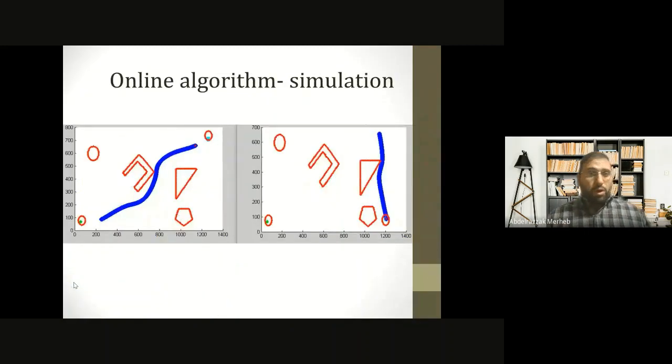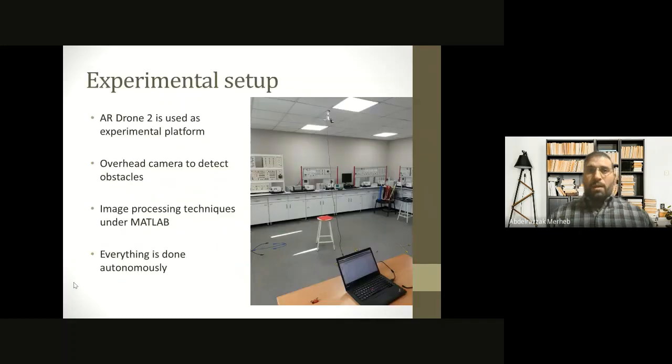We have also developed an online algorithm. So even if the environment is dynamic, so the obstacles are changing or the goal point has changed its location, we're still able to apply the online algorithm in simulation and direct the quadrotor towards its goal point.